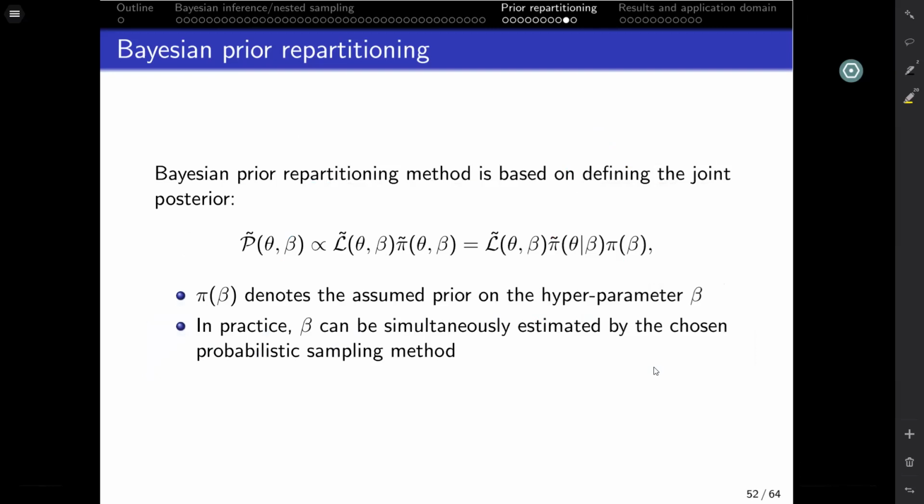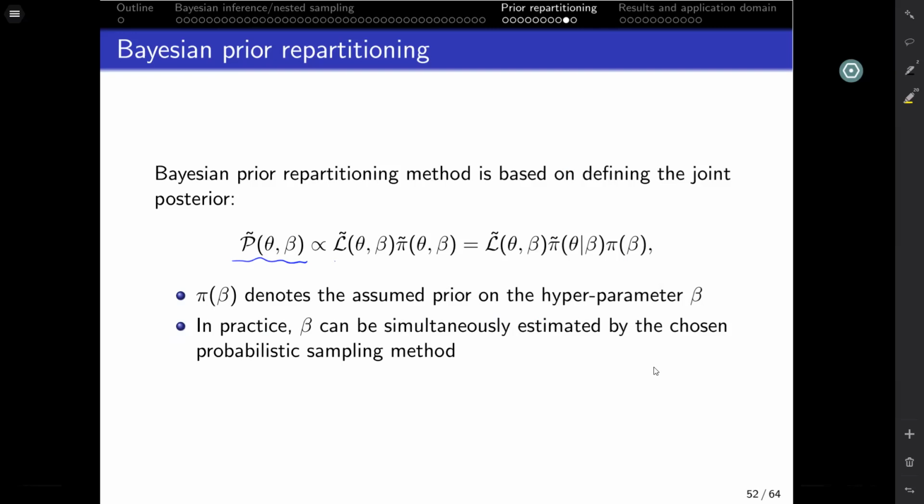And then the way to find the correct beta is, well, originally we did it in a manual way, but that's not efficient. So we continued to work on it and developed a joint distribution between theta and beta. The idea is adding beta as a hyperparameter in the sampling algorithms.